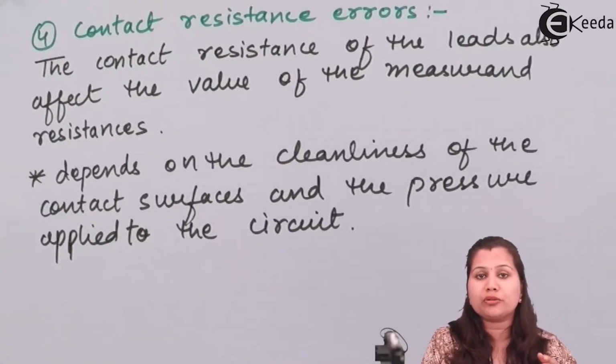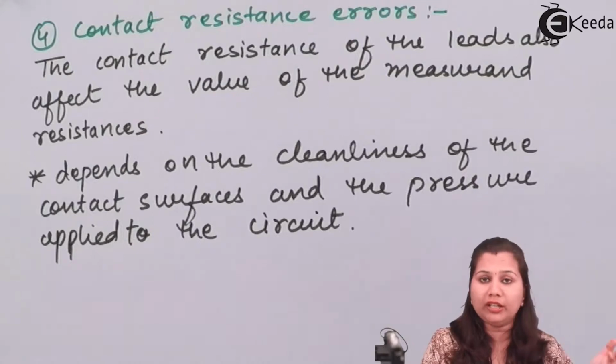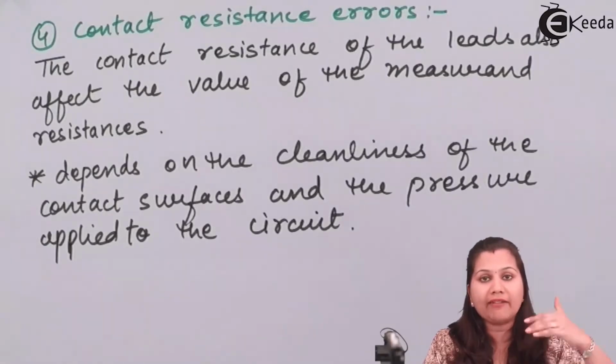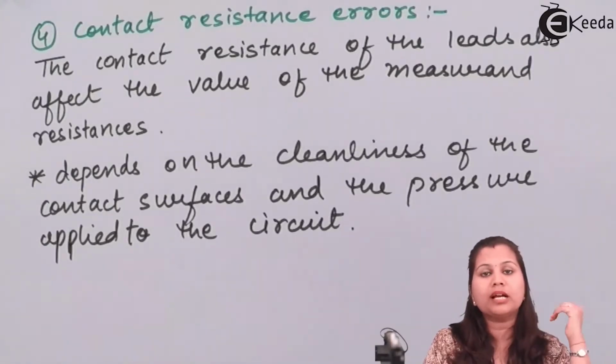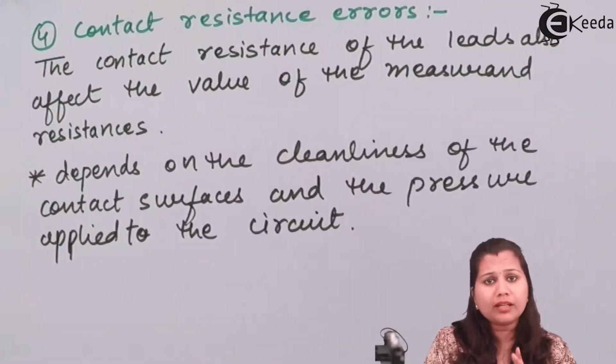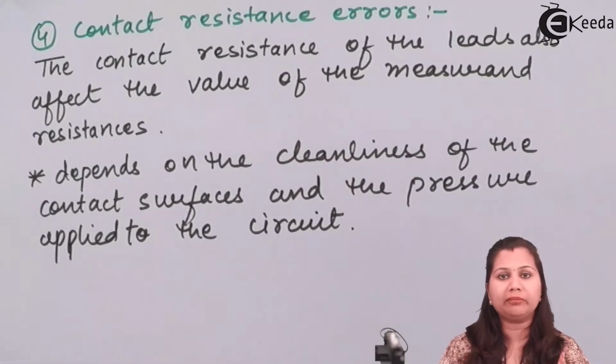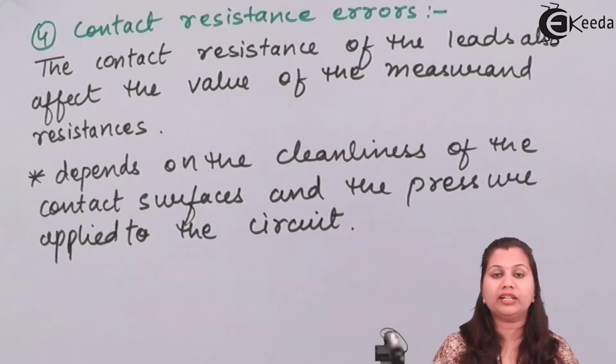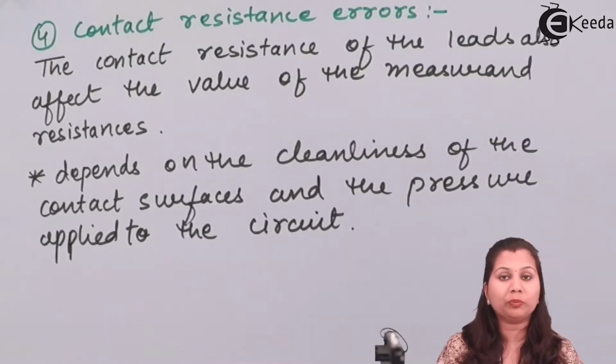Resistances which are very low in value cannot be measured through the Wheatstone bridge, and resistances of very high value, like in mega ohms, also cannot be measured through it. So only medium resistances can be measured with the help of the Wheatstone bridge method. I hope this topic is clear to you. Thank you.